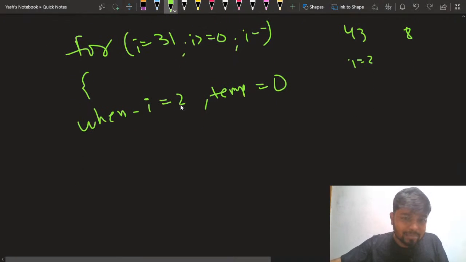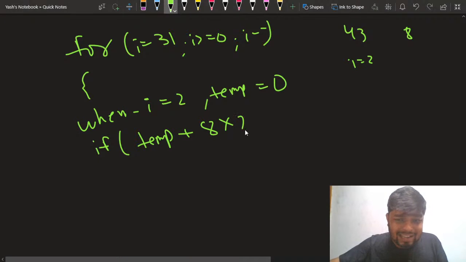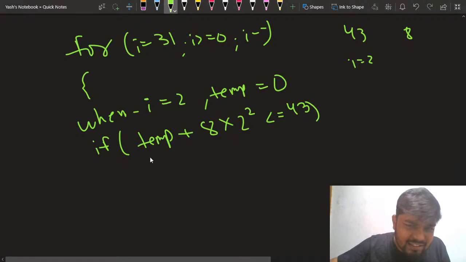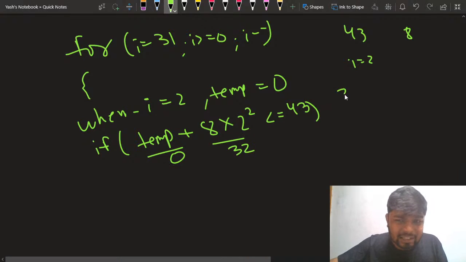When my I is equal to 2 and my temp is 0, we check if temp plus 8 into 2 to the power I, that is 2 to the power 2, is less than or equal to 43. Currently temp is 0, so this will be 32. You can see that 32 is less than or equal to 43.